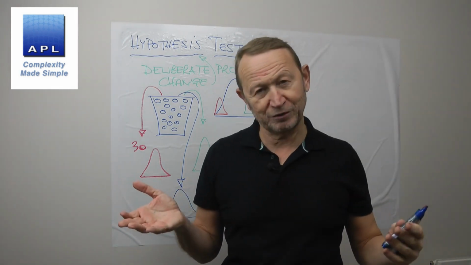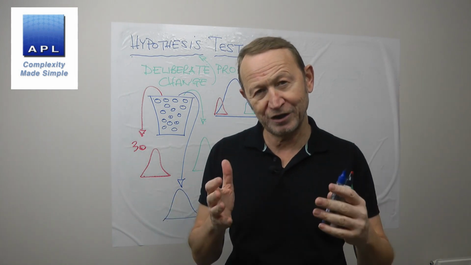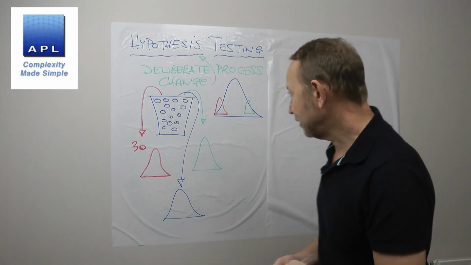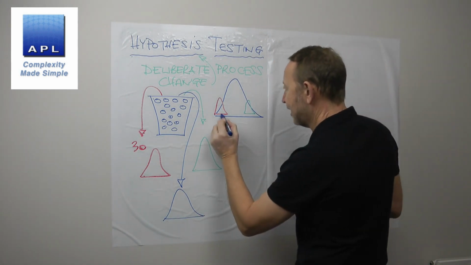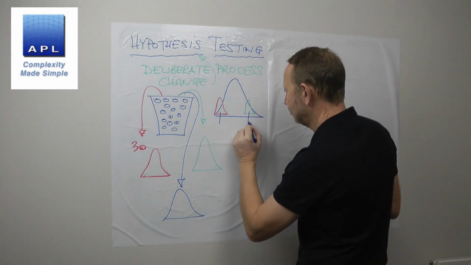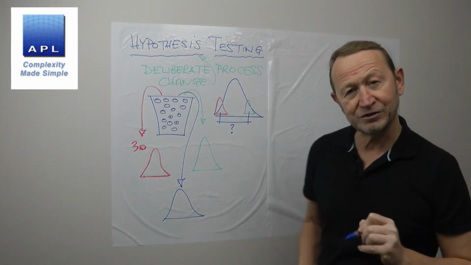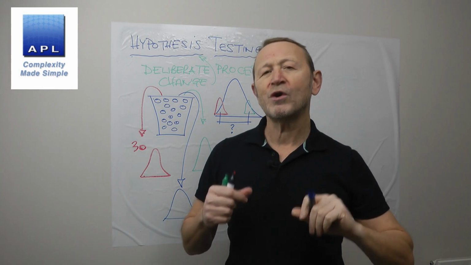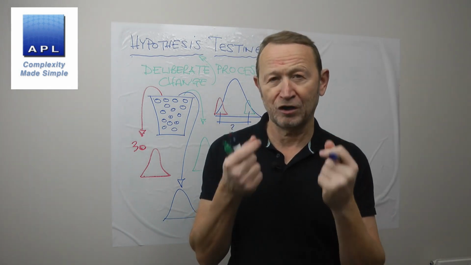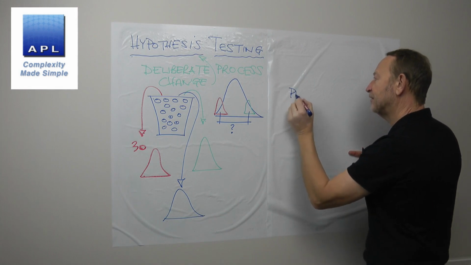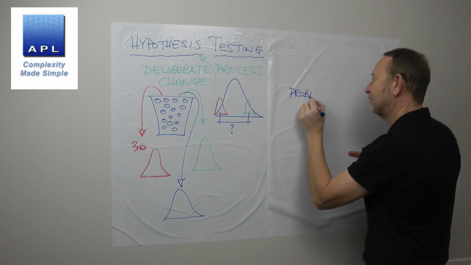Of course it is possible, but the question is, is it likely? Is it likely that we're going to get two samples so far apart? Now, of course, what's another word for likely? Another word for likely is probable.